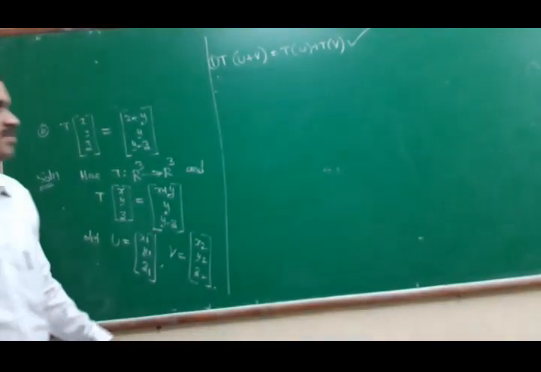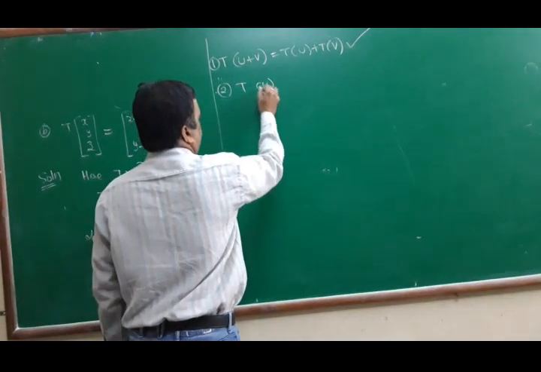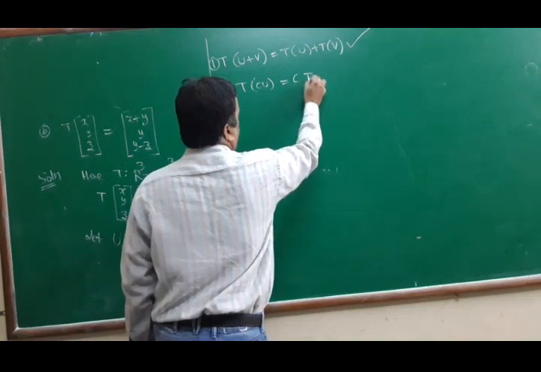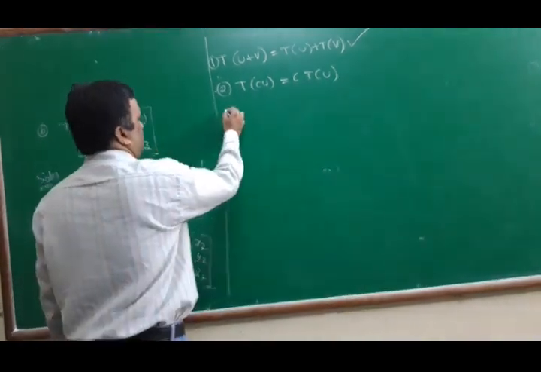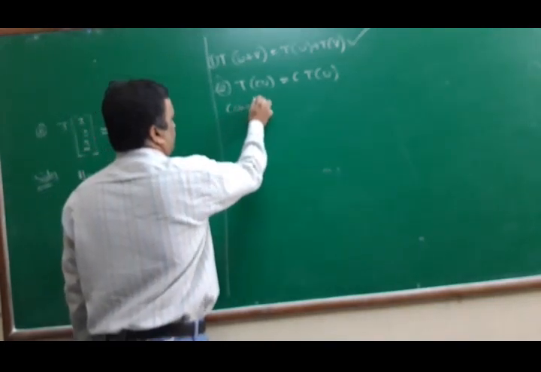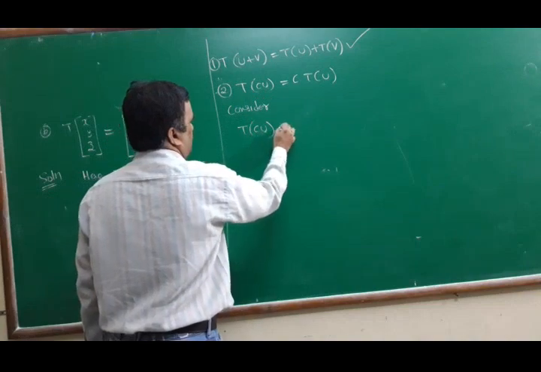Second one is, we have to prove T of Cu equal to C times T of u. Consider T of Cu.